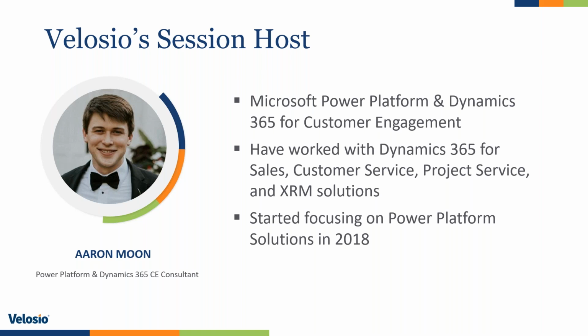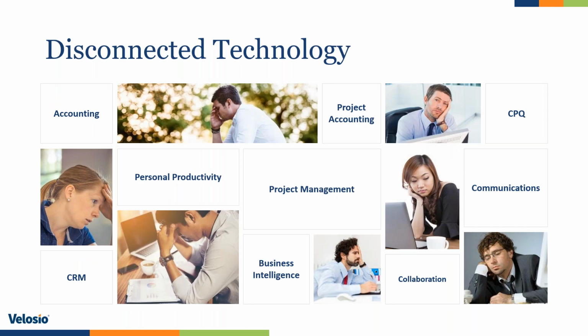First, though, I want to start painting a backdrop with this idea of disconnected technology. So on the slide here, you'll see a representation of a professional services organization, and you'll see all the different work areas represented here. You'll have sales and marketing.